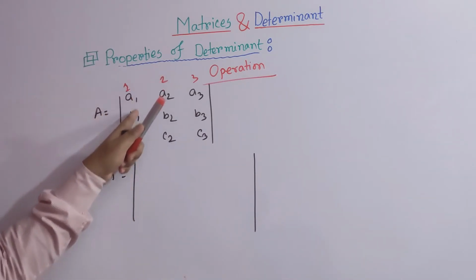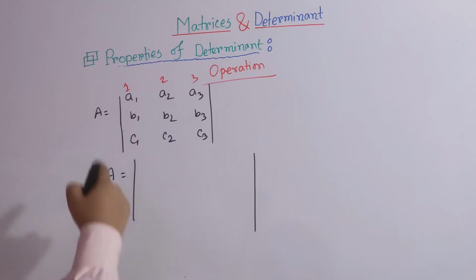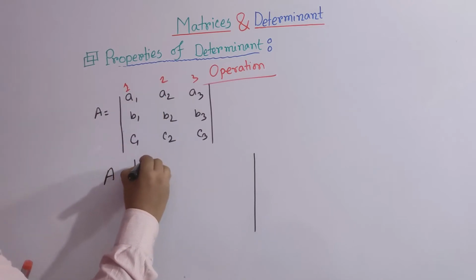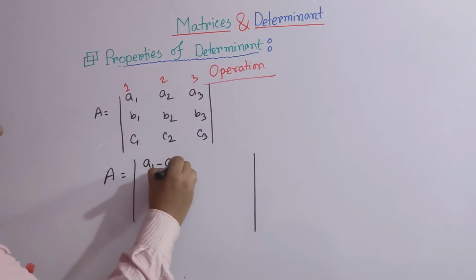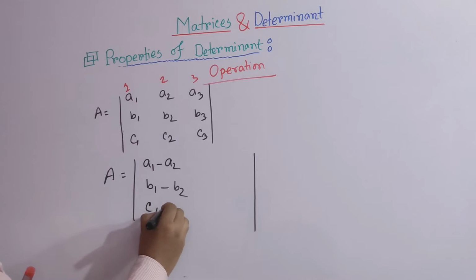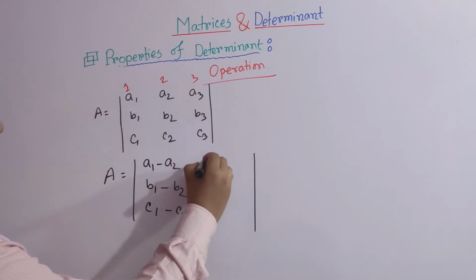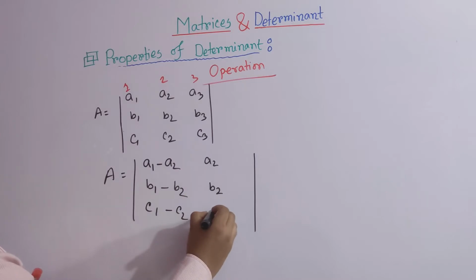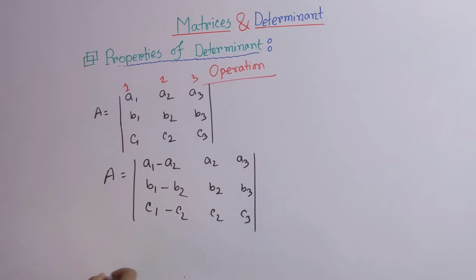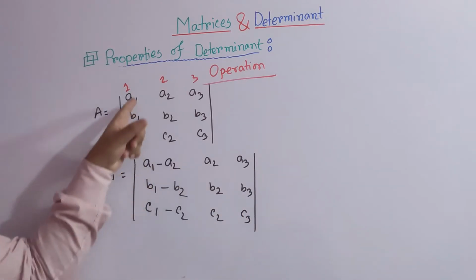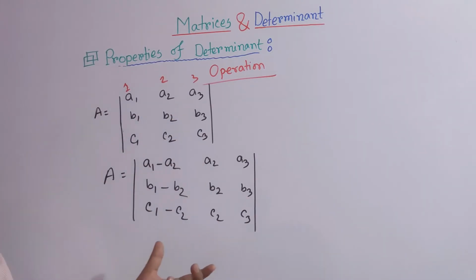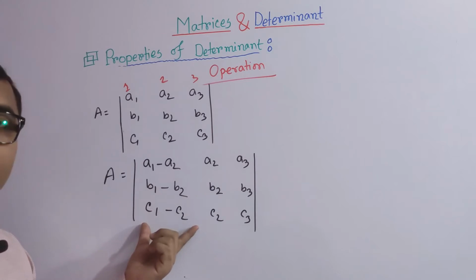Suppose we work on the first column, and we subtract the second column from the first column, in every row, and the rest remains the same. What we have done is just subtract the second column from the first column, and we did it in our first column.